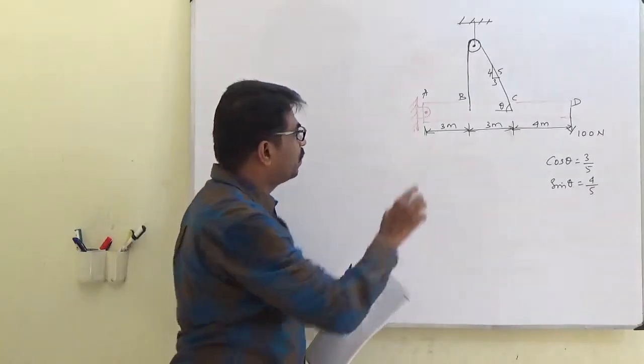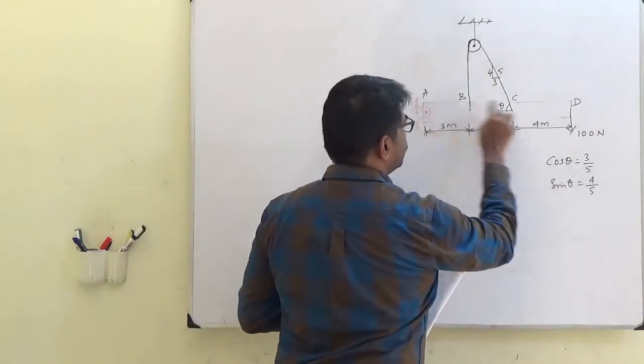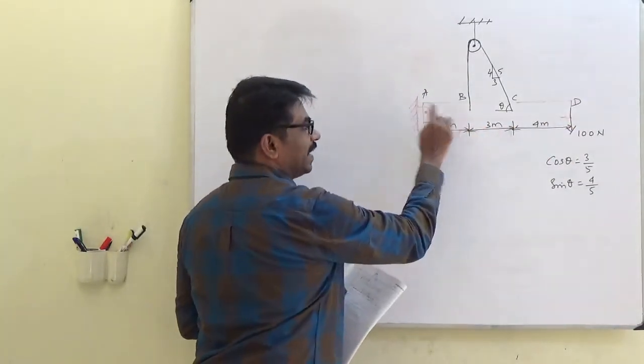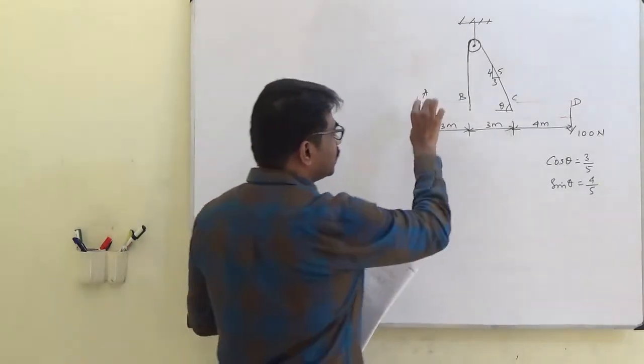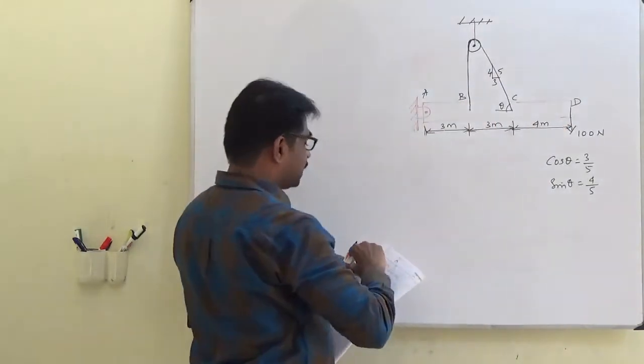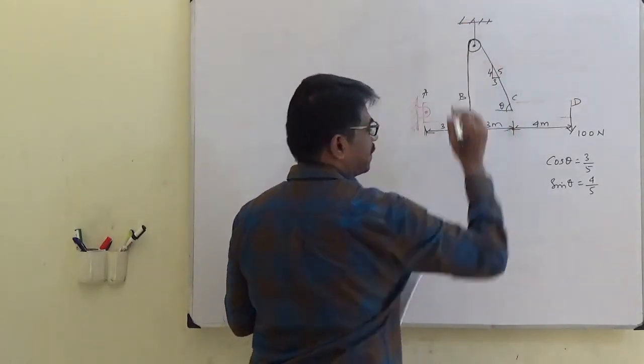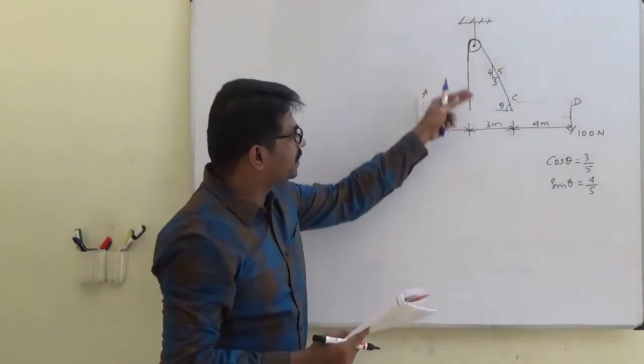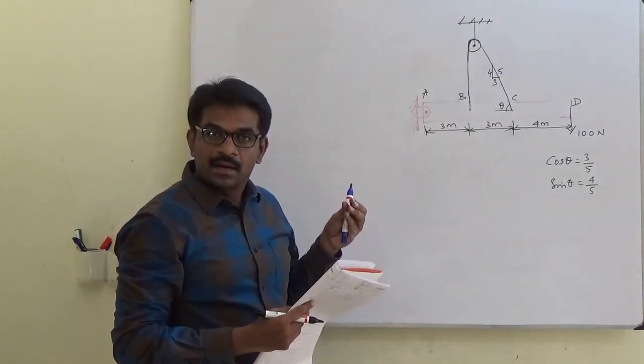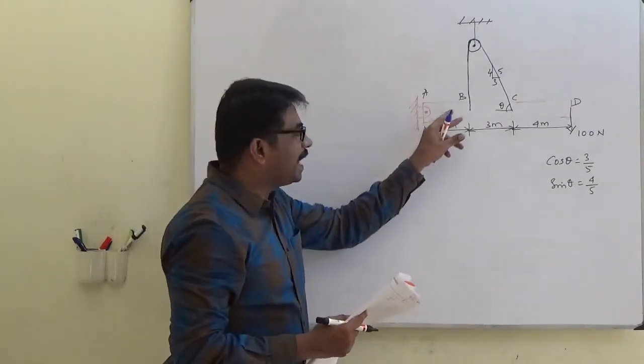Here also the beam is drawn with red pen. So this is the beam and it is supported by a rope using a pulley here. There are two bodies, but our focus is only on the beam.